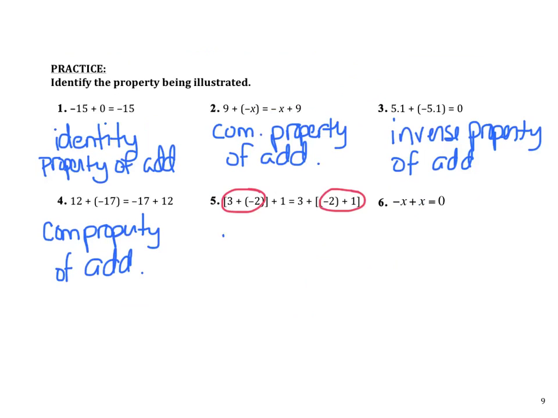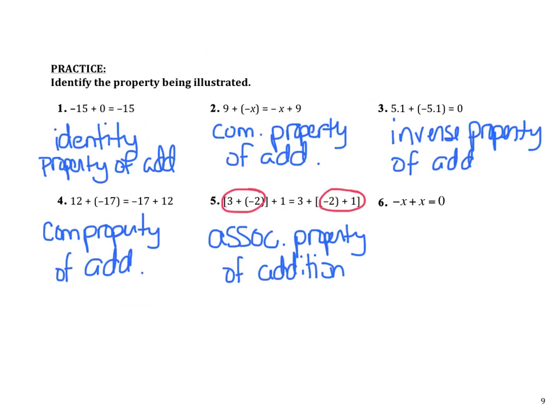So this is going to be the associative property of addition. All right, and our last one, I have negative x plus x is equal to 0. And again, whenever you cancel something out, you've taken the inverse of it, the opposite of it. So this is the inverse property of addition.